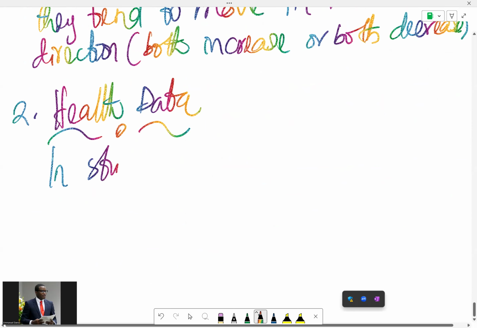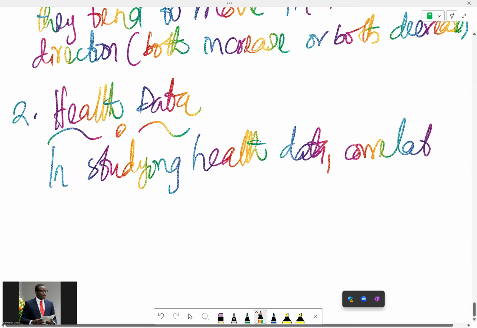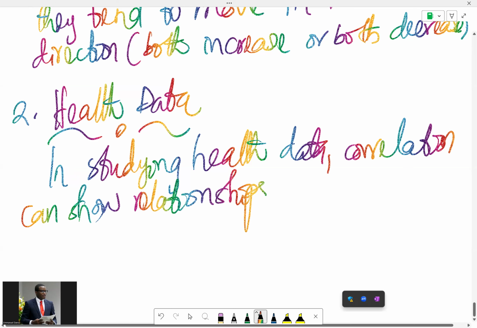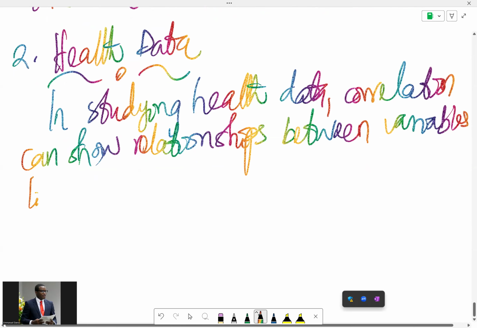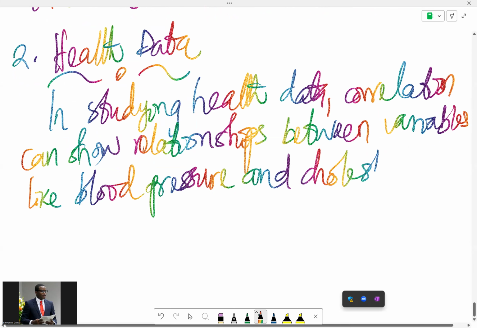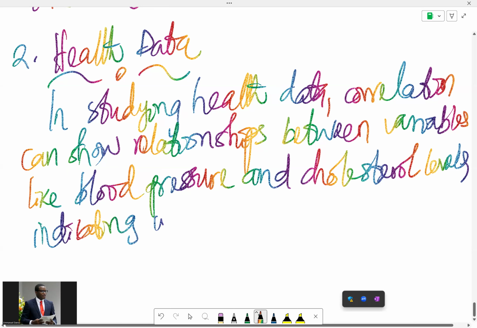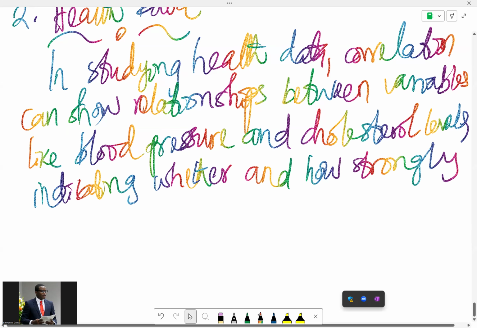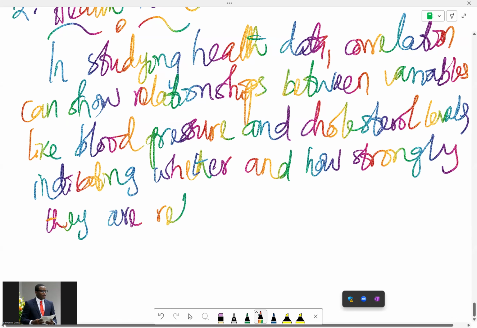In studying health data, correlation can show relationships between variables like blood pressure and cholesterol levels, indicating whether and how strongly they are related. Okay, so those are some real life examples right there.